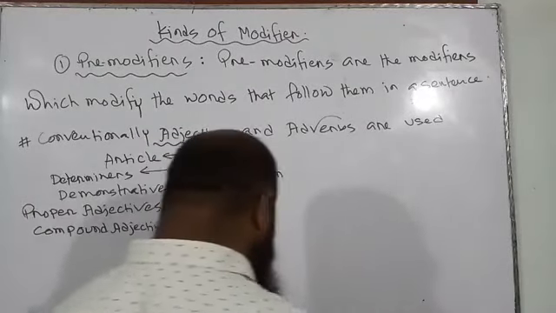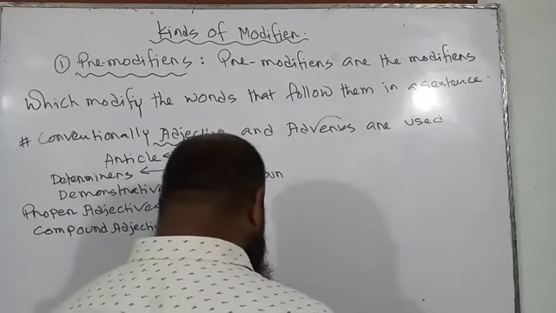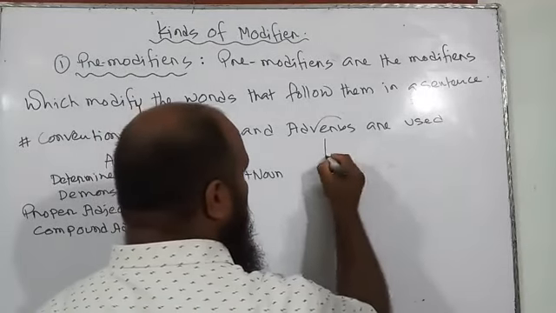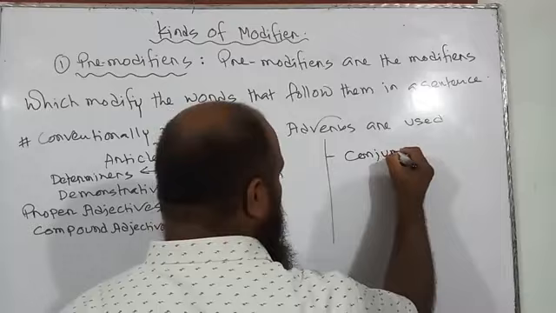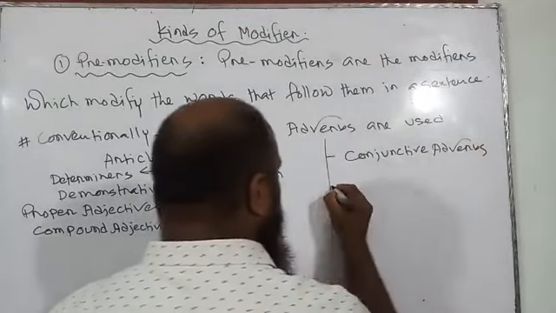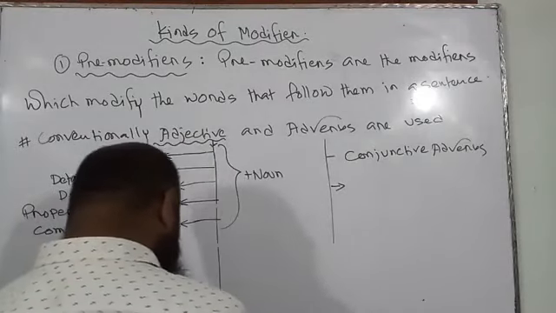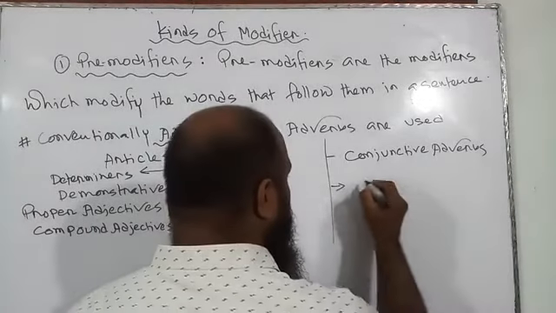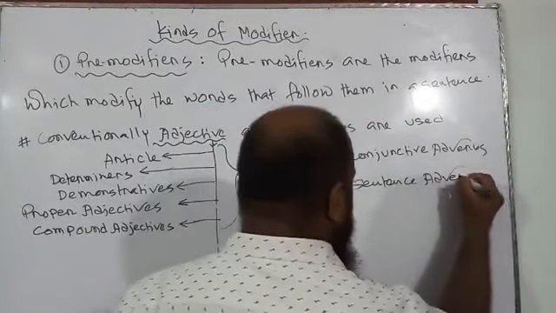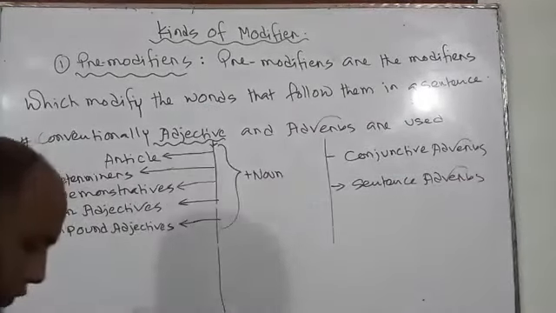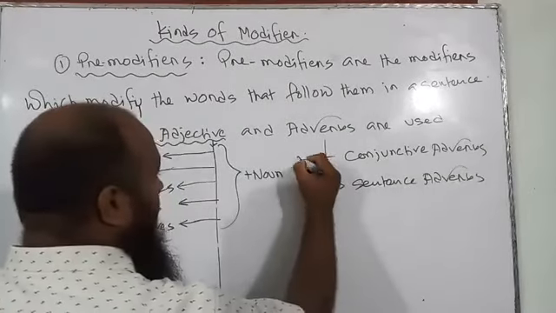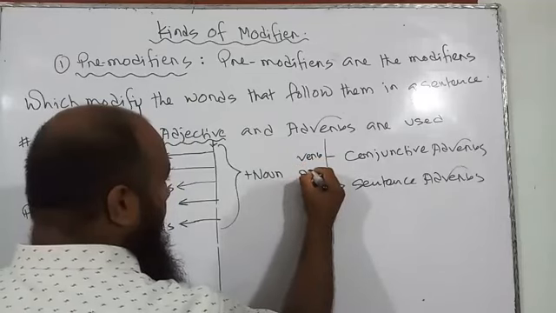And if we think about the adverbs, then this type of adverbs, conjunctive adverbs, then sentence adverbs, they come before the word they modify, and of course they modify verb, adverb.